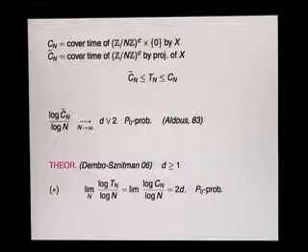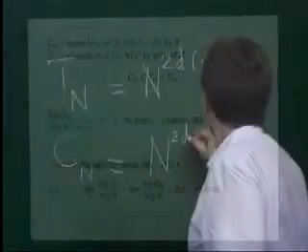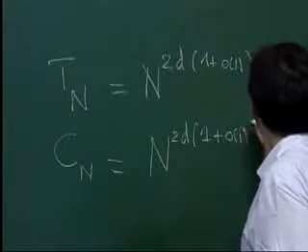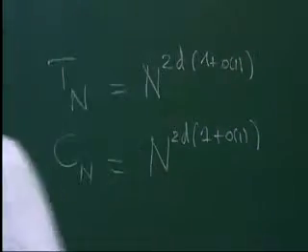This is a result of Amir Dembo and myself, and I will recall it for later consumption. The disconnection time is of the form n to the 2d, times 1 plus little o of 1. And the time to cover the 0 floor of the cylinder is also of this kind of behavior.